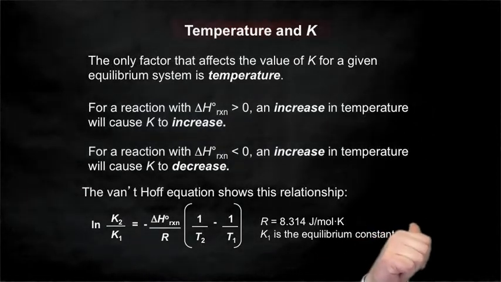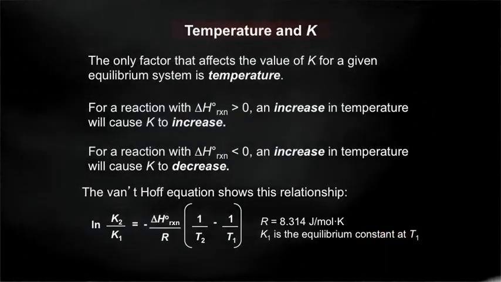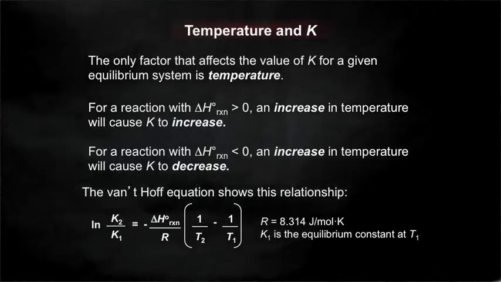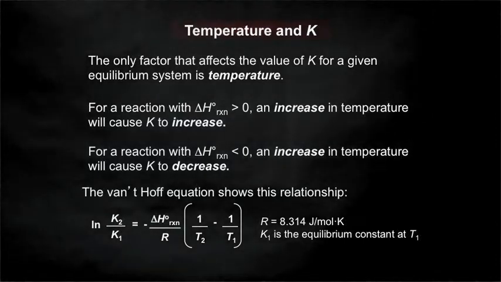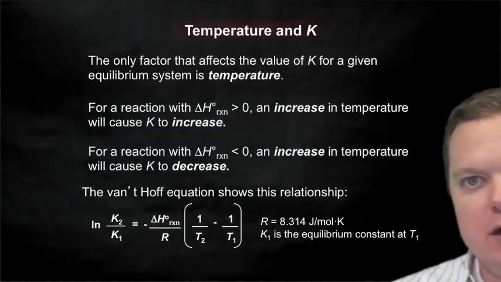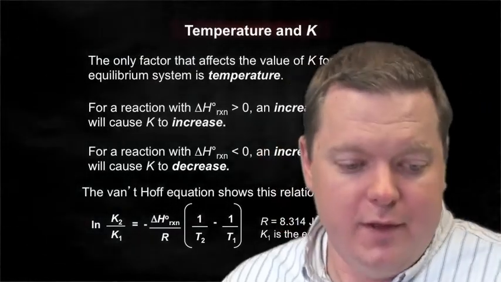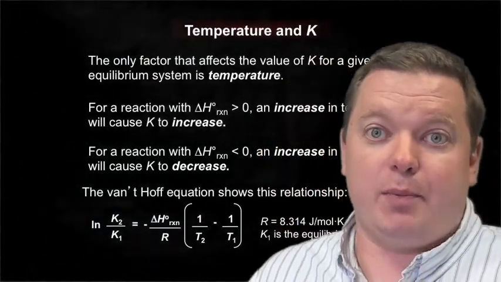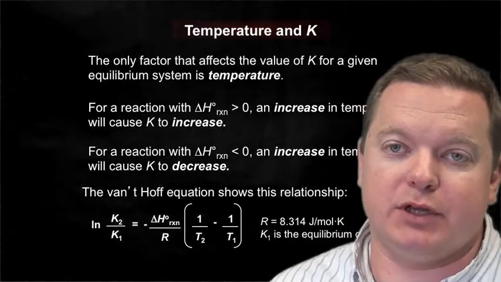Again, we showed this one when we were talking about some of the gas properties, but coming back here when we're talking about this capital K, this is the equilibrium expression.